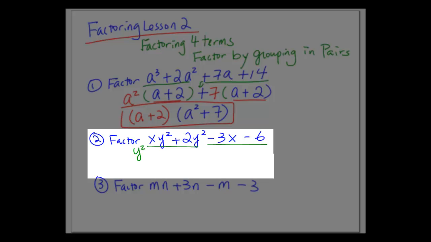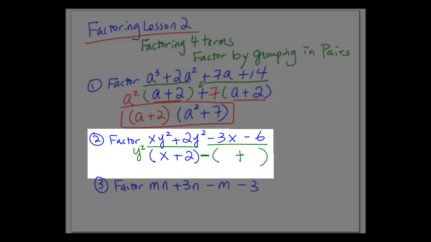And after pulling out y squared, we can see, okay, inside we will still have x plus 2. And the second 2 terms is starting with negative. Remember, we say when it starts with negative, we will pull out the negative. And then inside, we will need to change the sign to positive instead of negative.